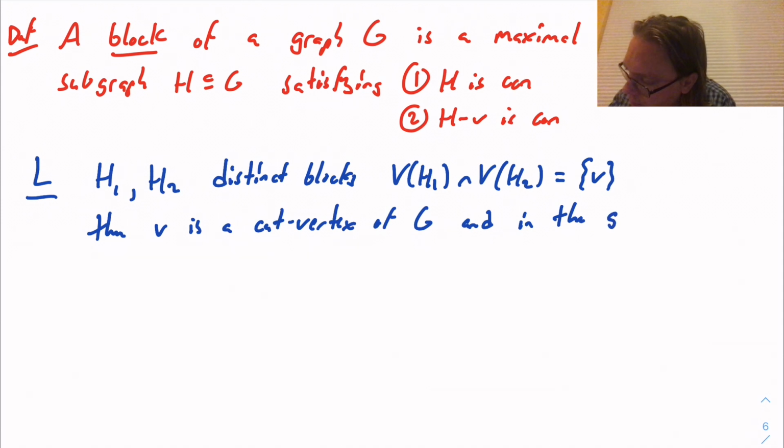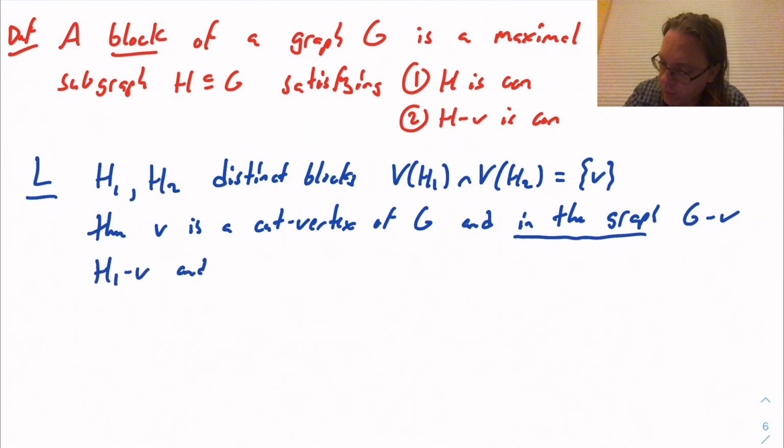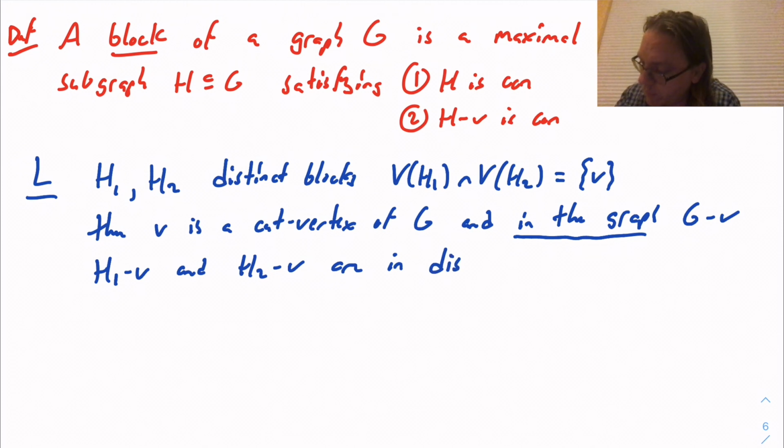In the graph G minus V, you're going to have a connected subgraph H1 delete V, and a connected subgraph H2 delete V, and those connected subgraphs are going to be in distinct components of G delete V. So I just want to emphasize, in this graph G delete V, H1 minus V and H2 minus V are in different components. I'll say distinct.